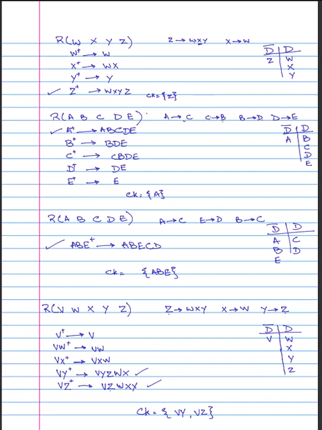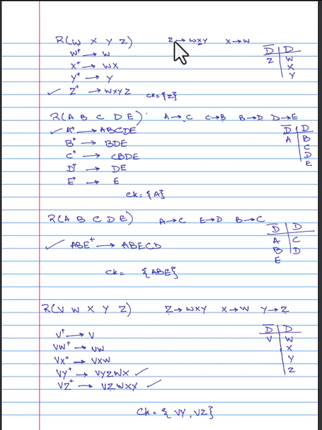You can see this one relation. R is defined over W, X, Y, Z, and these are the relations. Z identifies W, X, Y; X identifies W. So W identifies W, X identifies W, XY identifies Y, and Z identifies W, X, Y, and Z also identifies itself from the reflexive property.